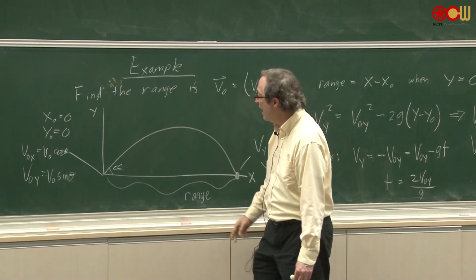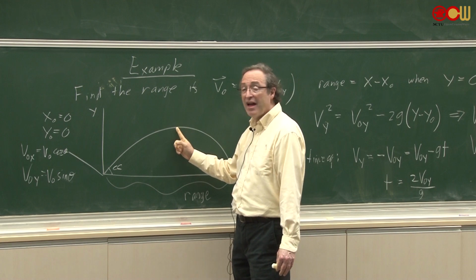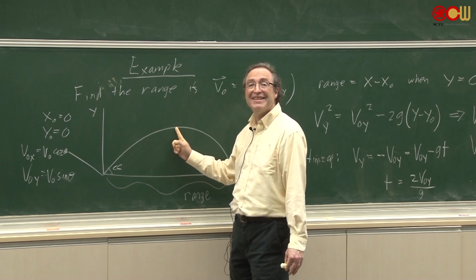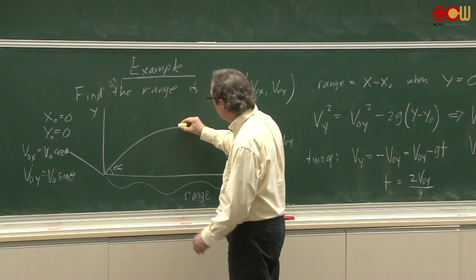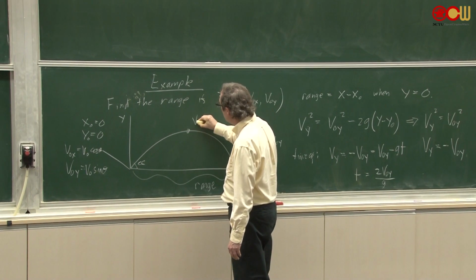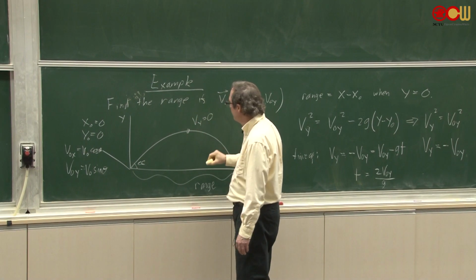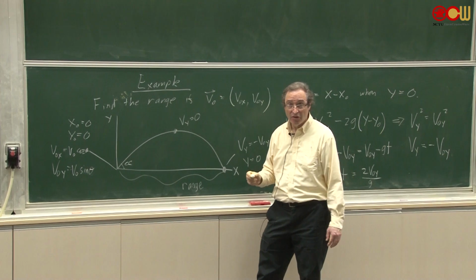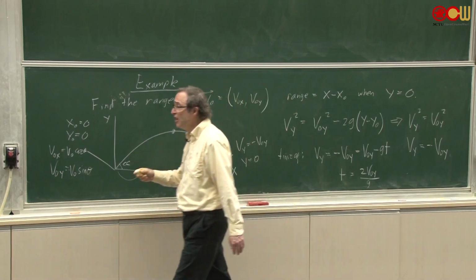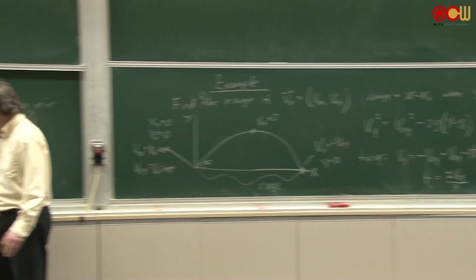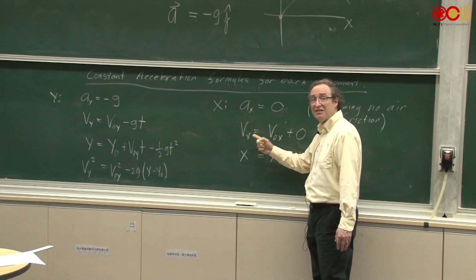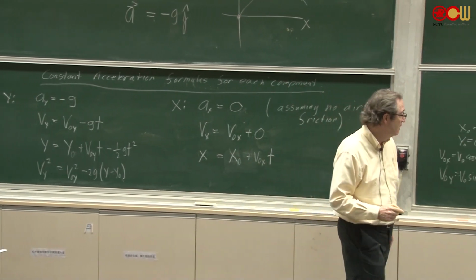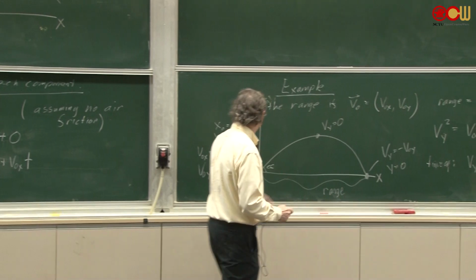And how would you do that? This point is defined by, right up here, Vy is 0. Vx is not 0 there. In fact, Vx never changes. Vx is always constant. It's just equal to the initial velocity. So you can set Vy equals 0 there.